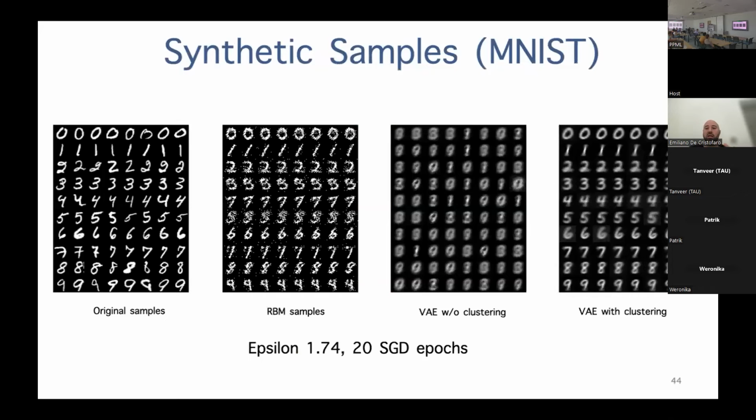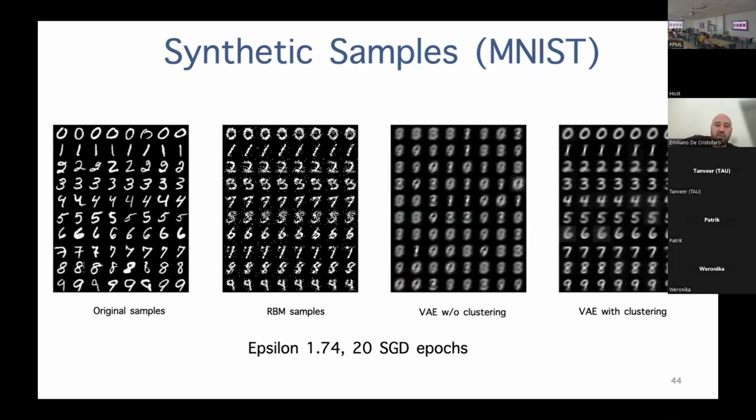But here is the discussion that I wanted to have with respect to utility. Okay, so this is a very, very simple data set called MNIST. It has handwritten digits. So there's 10 classes, one per digit, right? 0 to 9. And you can see different ways that people write digits. Okay, so now assume that you use this data set to train a generative model and have synthetic, artificially generated handwritten digits.